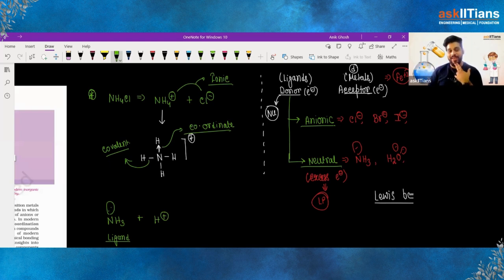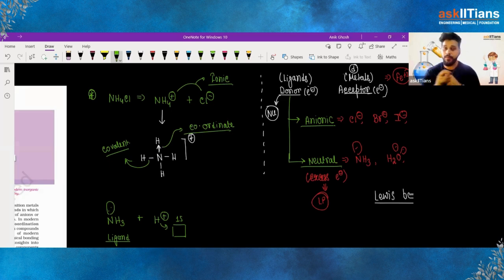Why do I call it a beggar? Because just like a beggar, it has no electrons in its shell. A beggar has no money in his bank account, and similarly here you have no electrons in your shell.